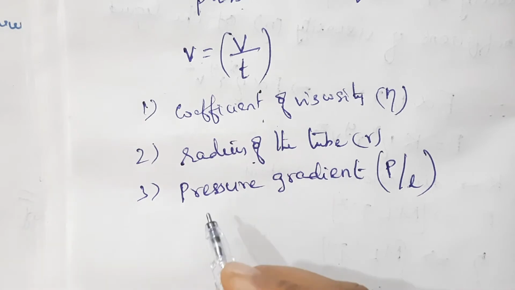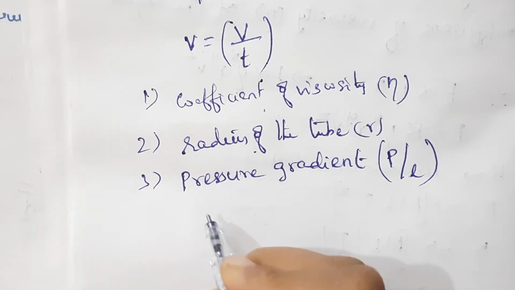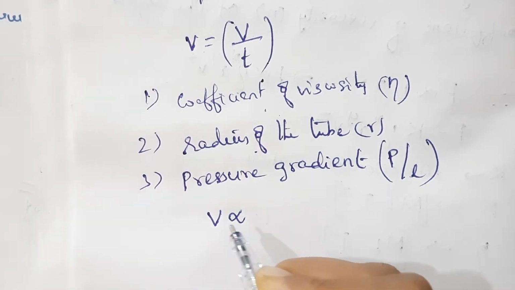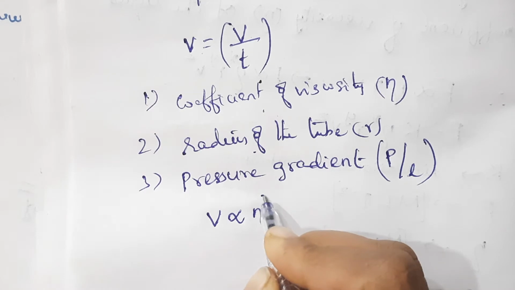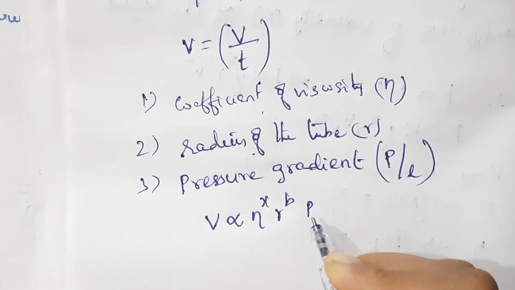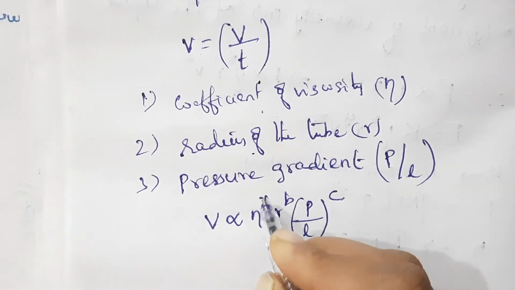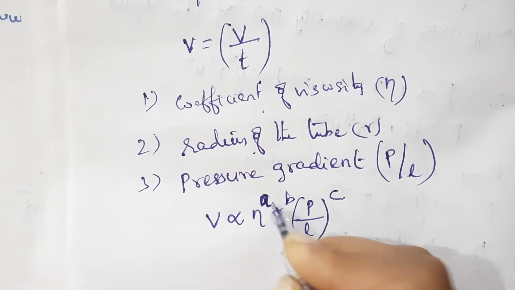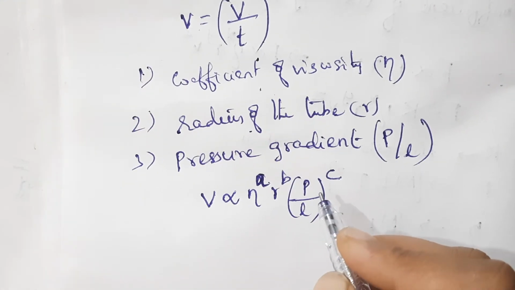Now, as in Stokes' law, we can write the equation as V proportional to eta power A, R power B, P by L power C. Understand?